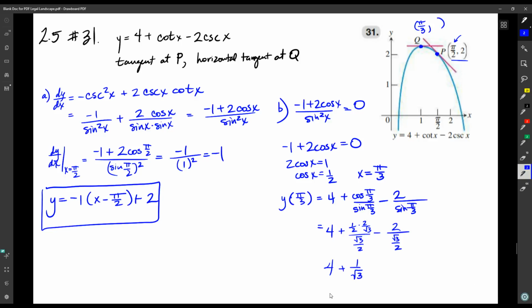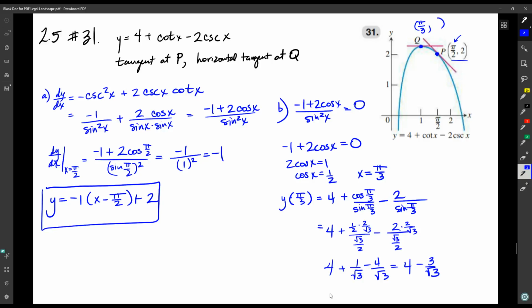And then 2 over the square root of 3 over 2 would be 4 over root 3. So that'd be minus 4 over the square root of 3. Common denominator here, 1 minus 4, so minus 3 over the square root of 3.